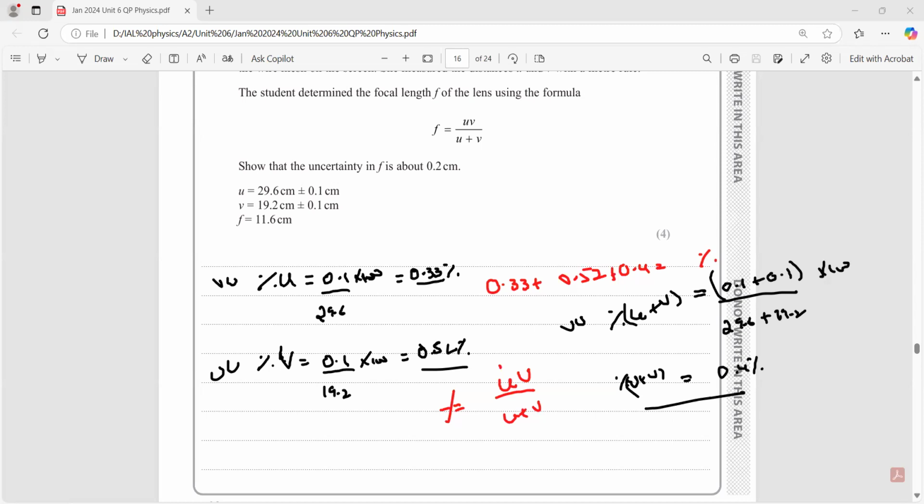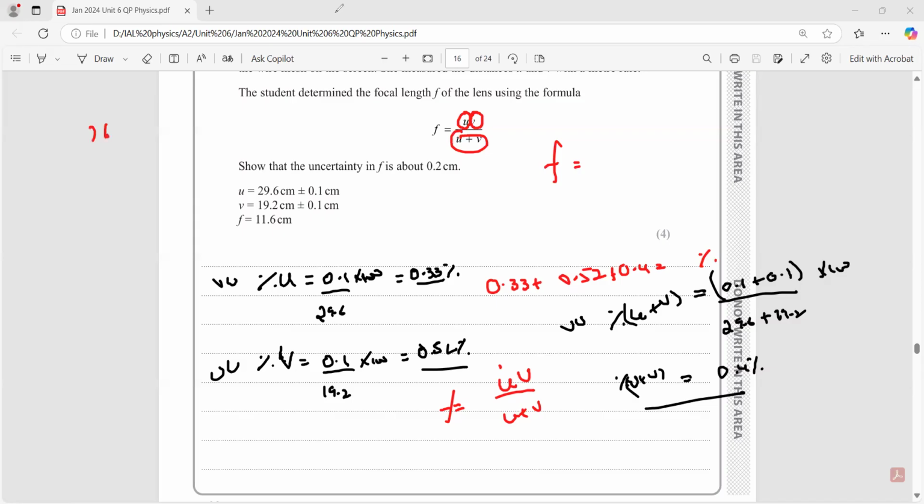When you add them, why? Because uncertainty always adds. Whenever you're finding the total uncertainty in F, even if it's a division or multiplication, uncertainty always adds.